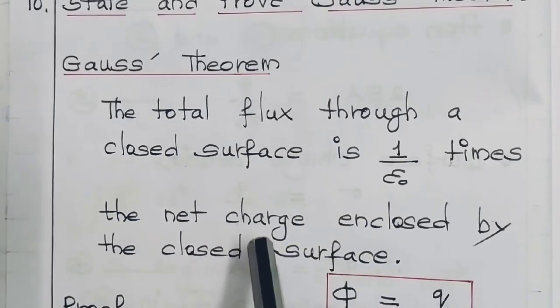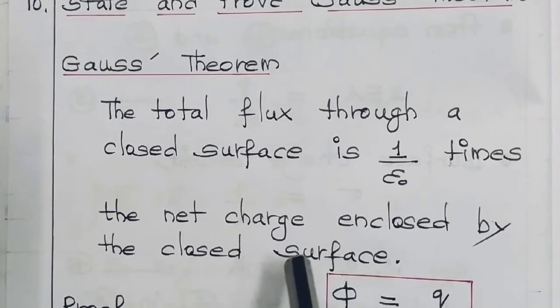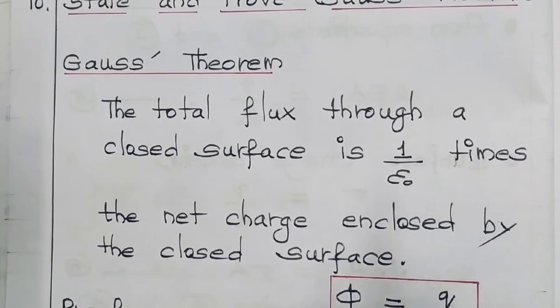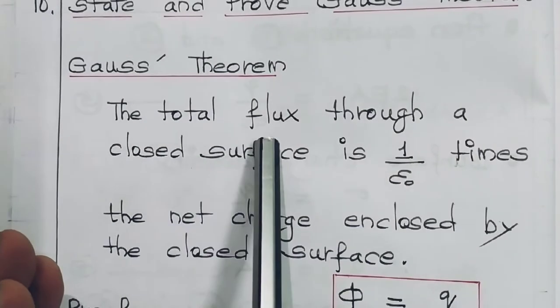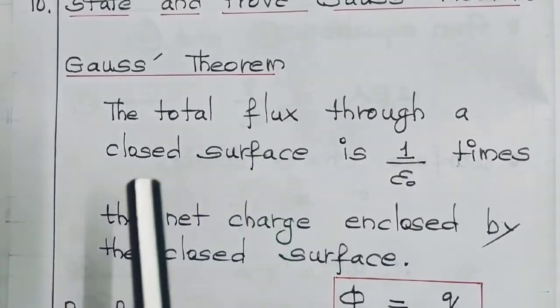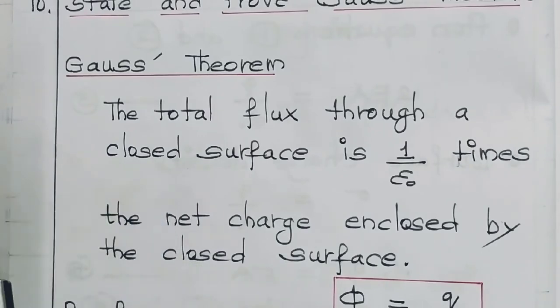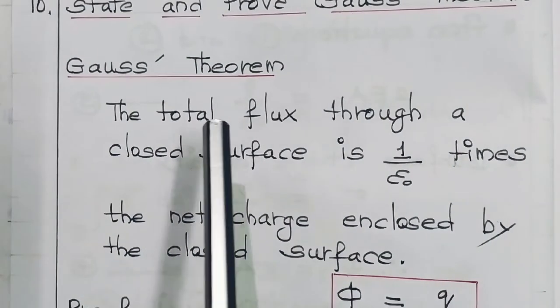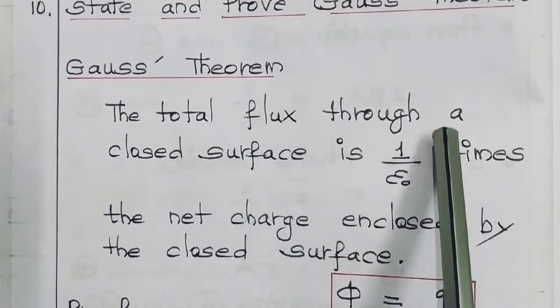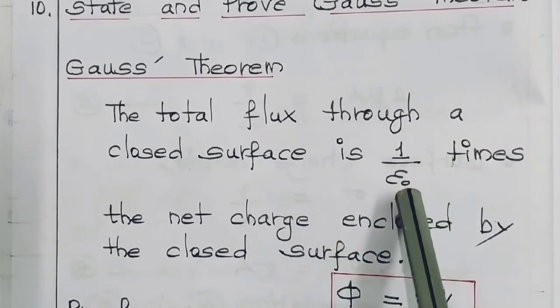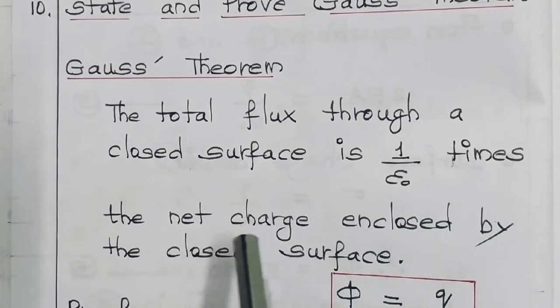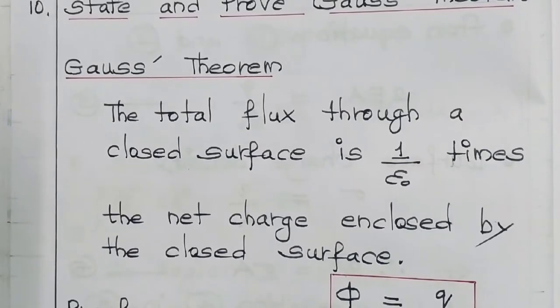So the net charge enclosed by the closed surface, keep it on one side, and the total flux through the closed surface, keep it on another side. The total flux through a closed surface is 1 by epsilon naught times the net charge enclosed by the closed surface. This is the Gauss theorem.